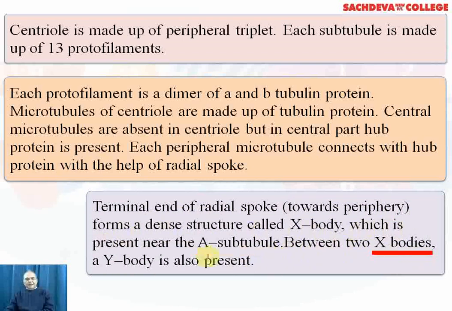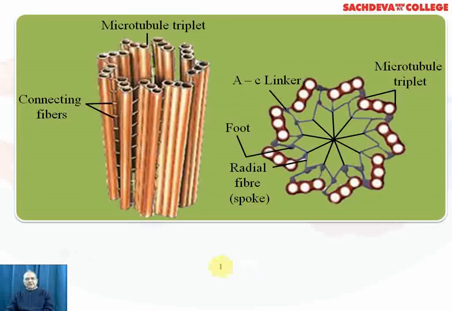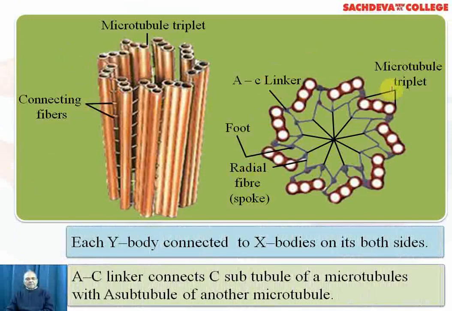Between two X bodies, a Y body is also present. Now here you can see the peripheral having ABC and the central one lacks the tubules but has a hub protein. Each Y body is connected to X bodies on both sides. AC linker connects C subtubule of a microtubule with A subtubule of another microtubule.